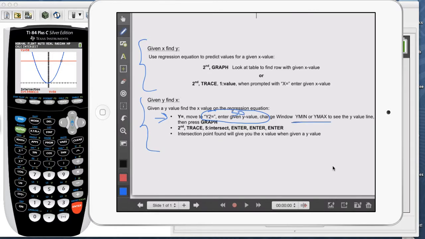You fix your y minimum or y maximum. Remember that. You go to second trace, number 5, which is intersect, enter 3 times.